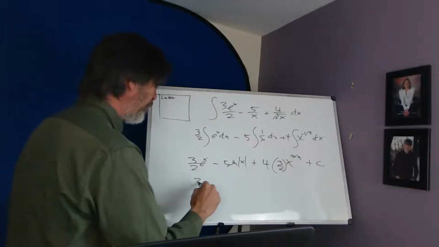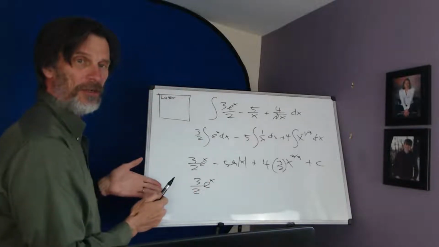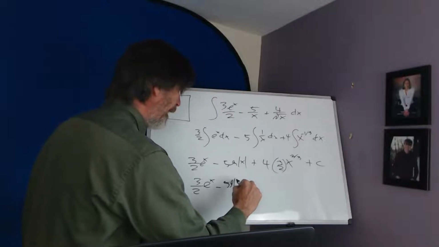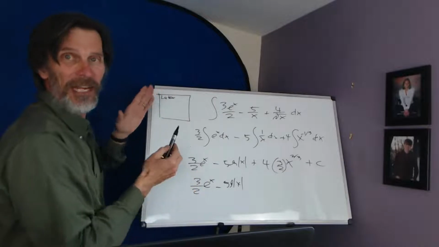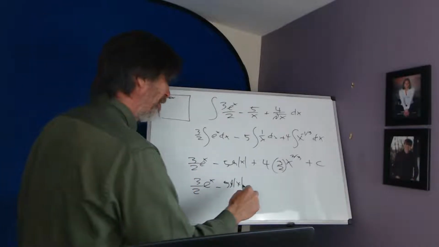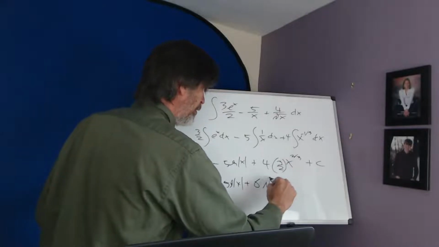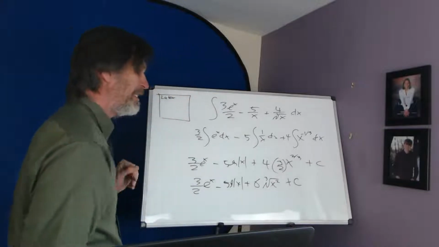So in the final form, this is 3 over 2 e to the x, or if you want to put 3 e to the x over 2, that's fine. Minus 5 natural log absolute value of x. Again, if you're not into this LaTeX, you're not going to be able to write the absolute values. Do the multiplication here. This is 6 cube roots of x squared plus c.